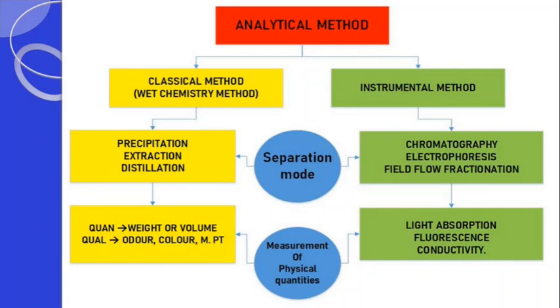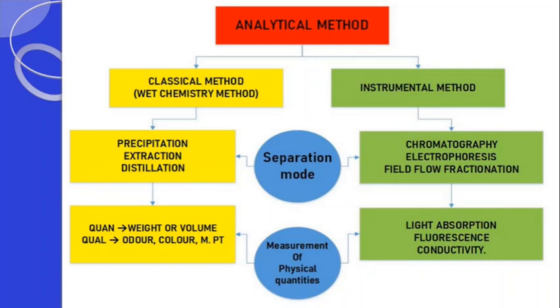In the classical method, or what we mostly call wet chemistry method, the separation mode is by extraction, distillation, or precipitation. Whilst for the instrumental method, we are looking at examples like chromatography.